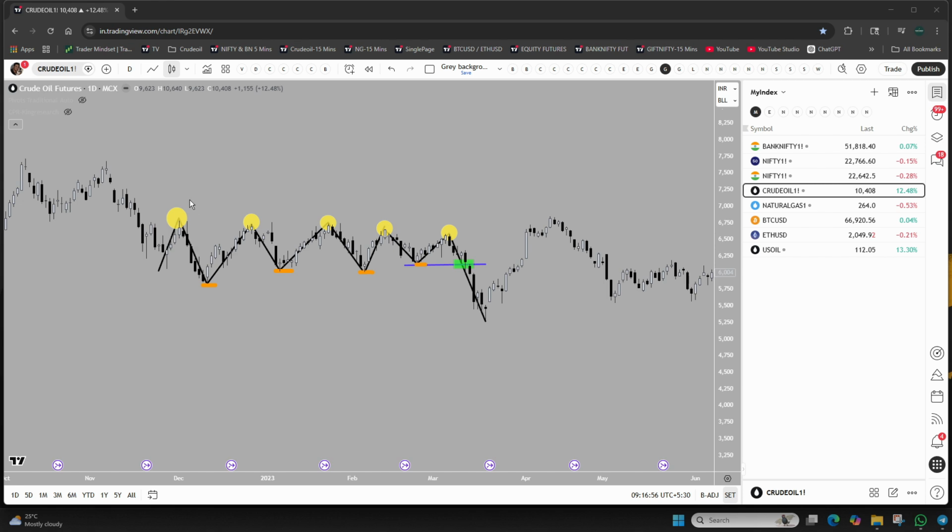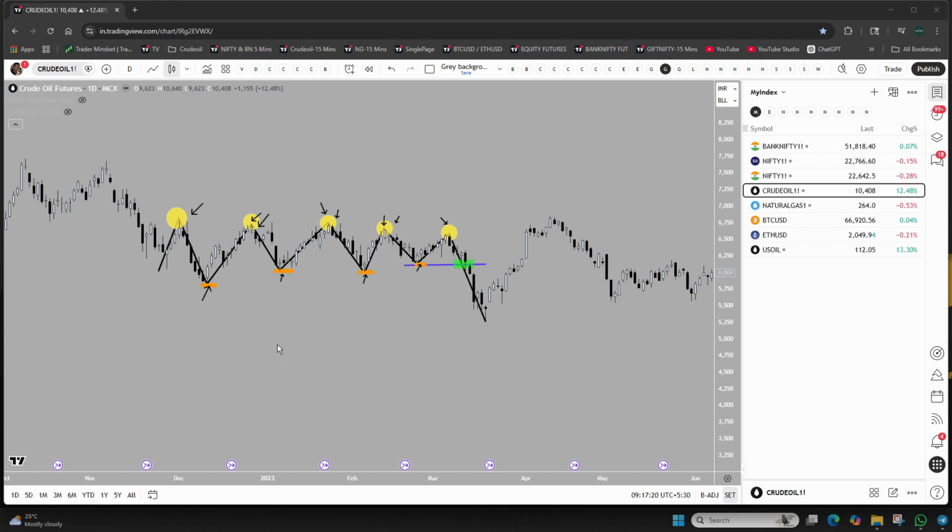Between these two double tops, this is the neckline. Similarly, between these two double tops, this is the neckline, and the same for the next two pairs.